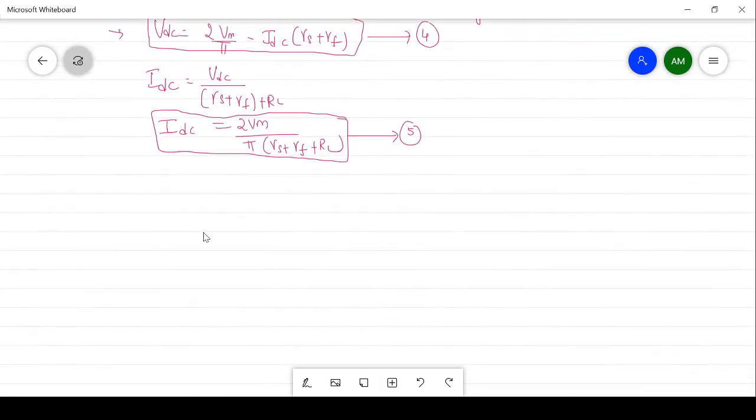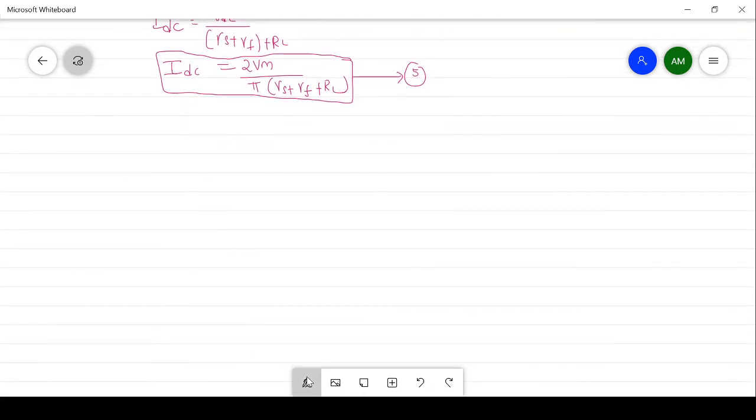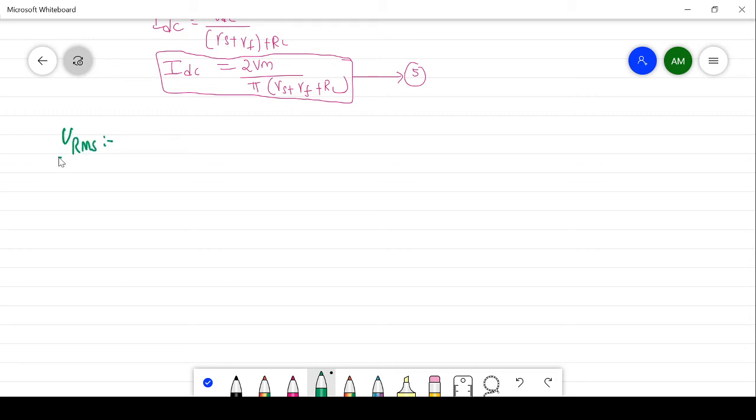Okay, and next we have to calculate the RMS value, that is Vrms. Vrms is equal to square root of 1 by pi integral 0 to pi of Vi square d omega t.